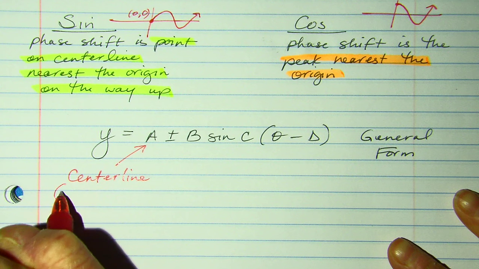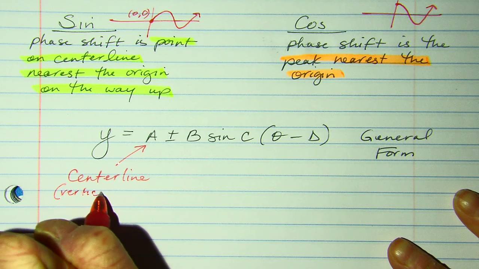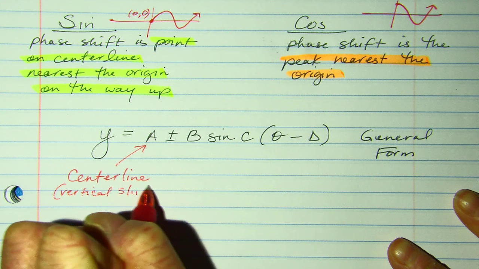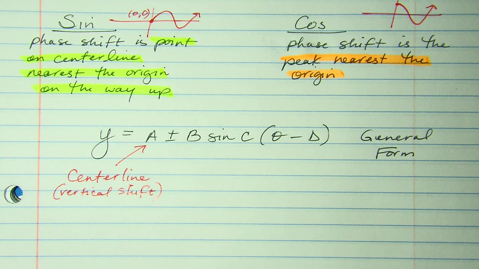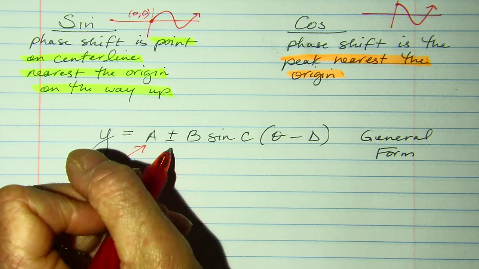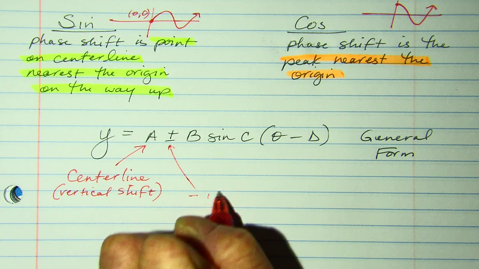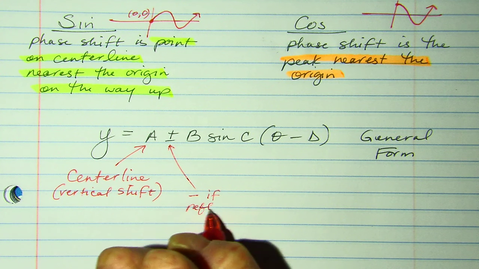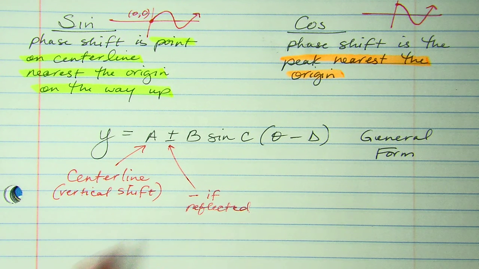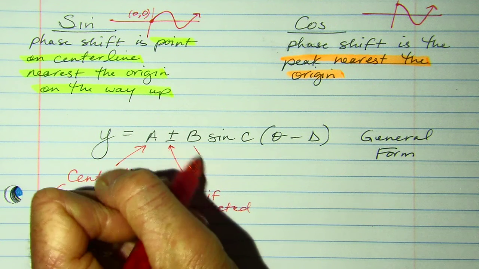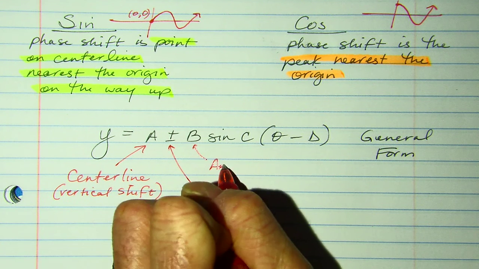It's also our vertical shift. The graph has been shifted from the x-axis either up or down. Now this negative here would be the reflection. We've covered that. B is our amplitude. We've covered that.